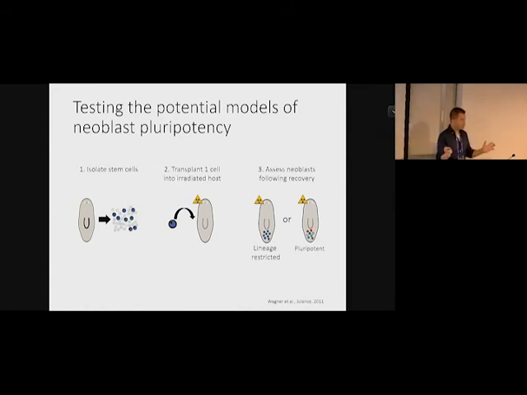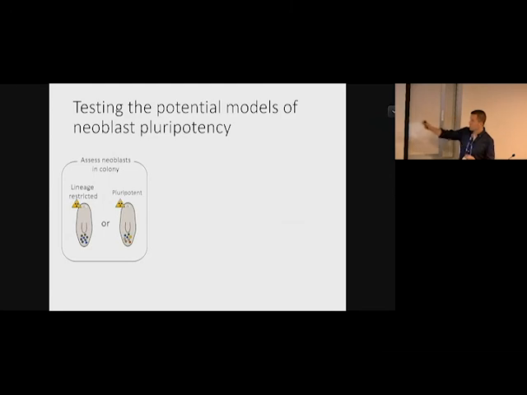Okay, so this is the experiment in a nutshell. They assess neoblasts in a colony to find out whether the colony is lineage restricted or pluripotent.